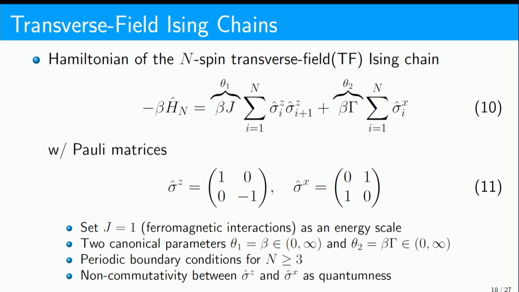So there are two parameters here, theta 1 and theta 2. For the rest, we will set J equal to 1 as an energy scale and consider the ferromagnetic case only. We also impose periodic boundary conditions for n equals 3 or more. What is important in this Hamiltonian is the quantumness that comes from the non-commutativity between the Pauli matrices.